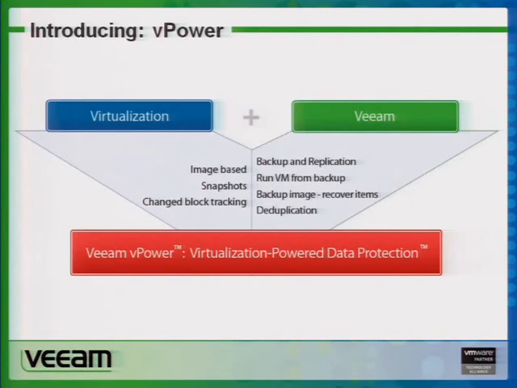So image-based, working on snapshots, taking advantage of change block tracking in ESX4, with backup and replication, 2 products in one, running a virtual machine from a backup file, recover items from an image, as well as deduplication to help on those storage requirements.